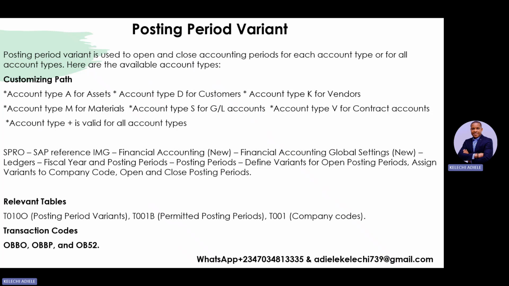For example, if you're expected to post a transaction in January and you're in February, and for some reason the controller has closed the month of January and you try to post into January, the system is going to tell you that the January period is actually closed. So the essence of the posting period is to control, at the document level, what is posted into each period.